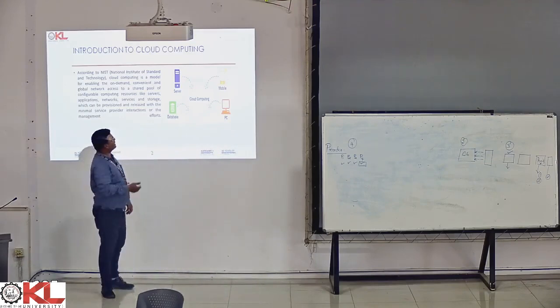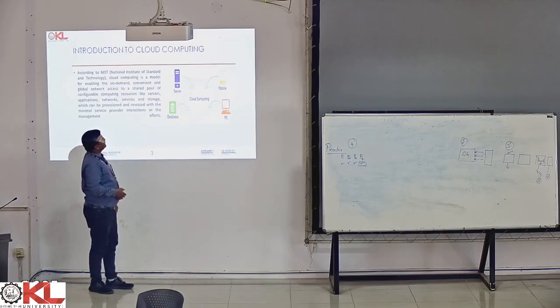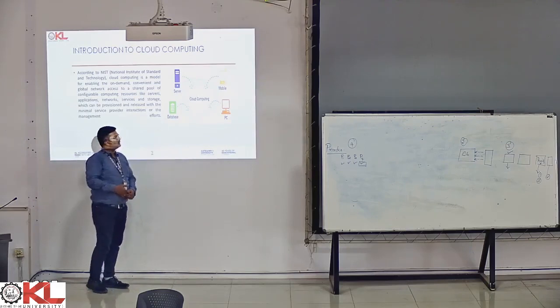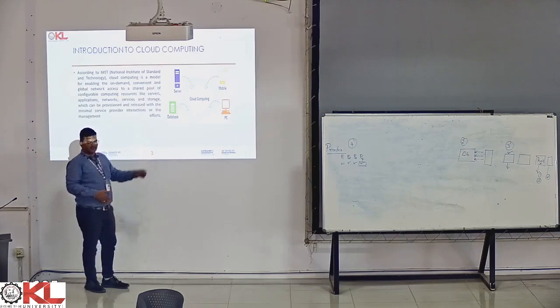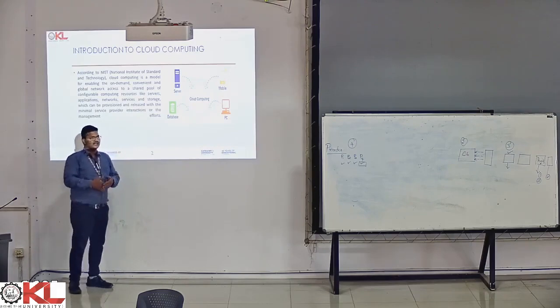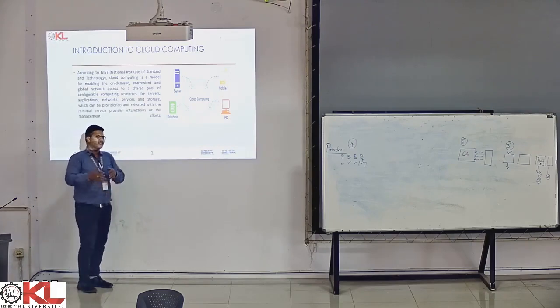The basic fundamental for running cloud computing is that it depends on internet service. If internet is not available, then cloud computing will not function. So it is again dependent on the internet. Of course, internet depends on electricity and so on and so forth.